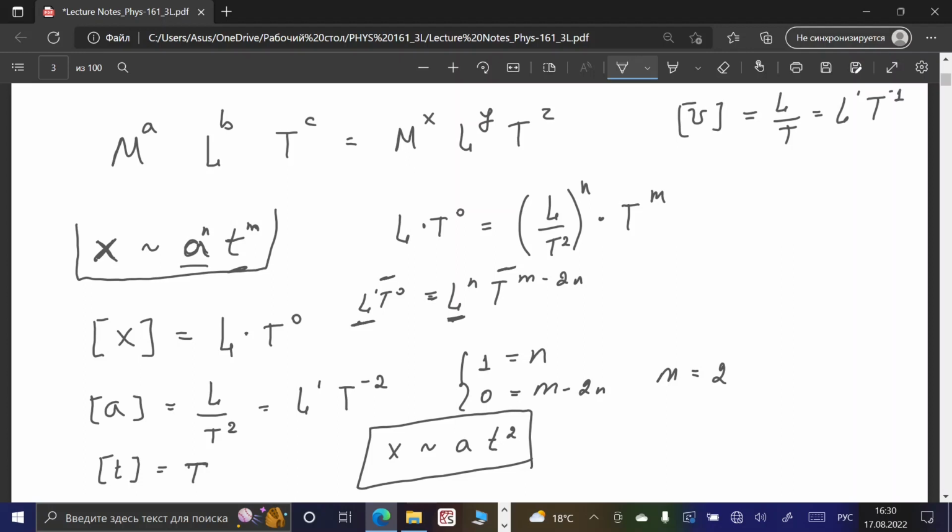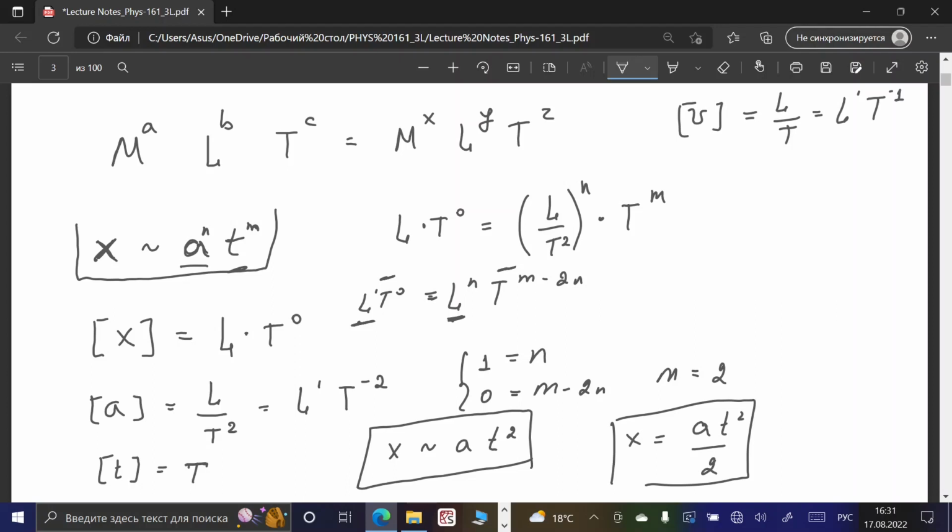So it will be x equal, in this case, a times t squared divided by 2. So that is the correct equation with 100% accuracy for this particular case when we have a constant acceleration of the object.